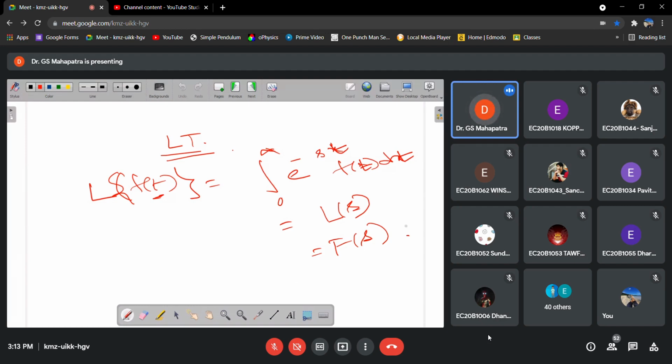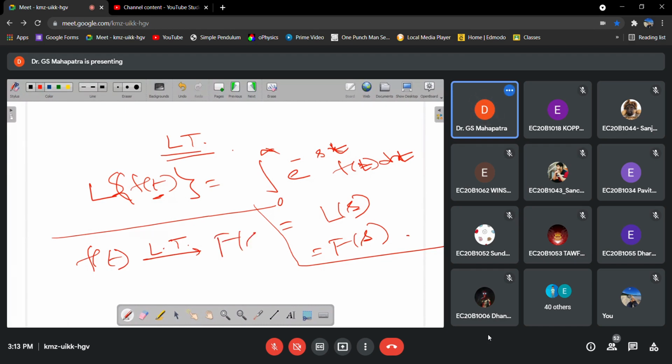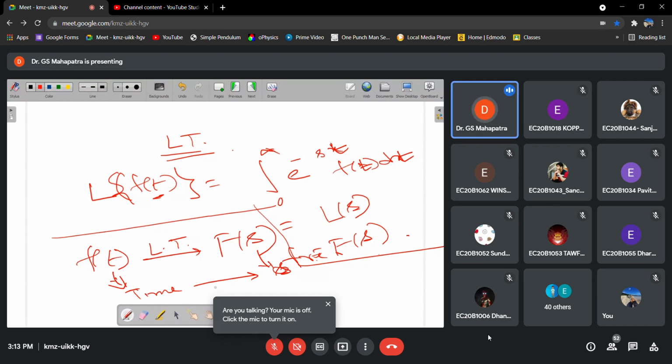I am not giving any definition; I am giving you the concept, how to think about this one. So f of t, using the Laplace transform, gives you F of s. Here t is the time and s is the complex frequency. So from the time domain to the frequency domain, it is changing.